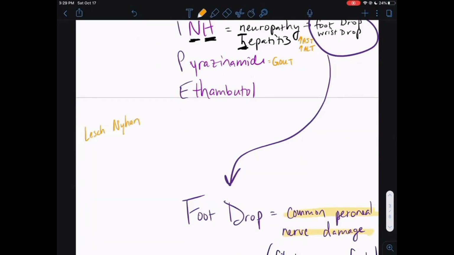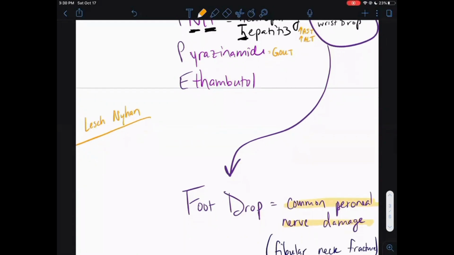So Lesch-Nyhan, this is a throwback to biochem. If this disease sounds unfamiliar to you guys, it's probably because it wasn't really emphasized in biochem, but this is a disease that for sure they should have taught in biochem. So let's go over it real quick. What it is, it's a disorder of urate overproduction. So you have basically too much uric acid.